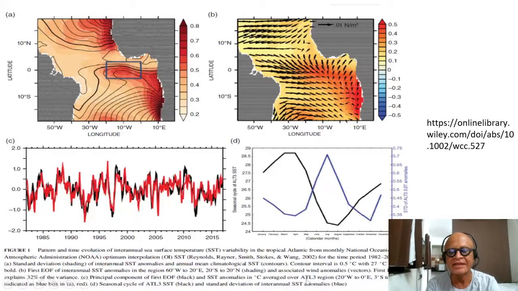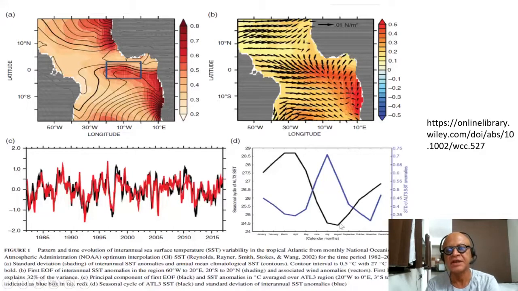There is an Atlantic 3 region where SST anomalies are calculated, like the Nino 3 index. This is called the ATL3 index, and this is the seasonal cycle of the ATL3 box and standard deviation of the interannual anomaly.